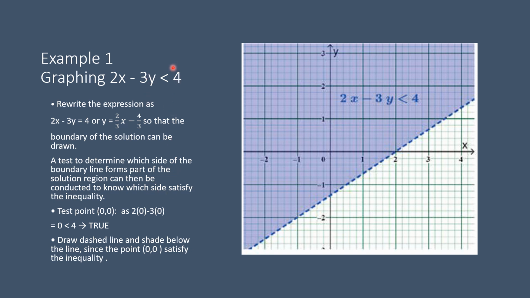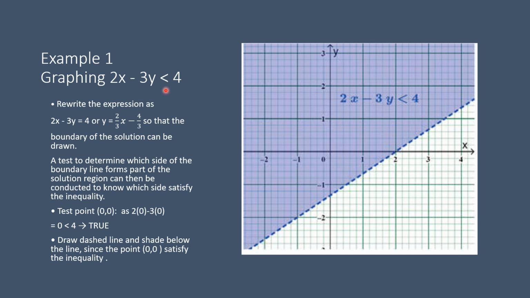That will change this inequality sign, which is less than, to become what? Greater than. That is the reason why it is advisable to always make y the subject of the relation. The moment we have a greater than sign, it means that we are going to shade above the graph, not below.